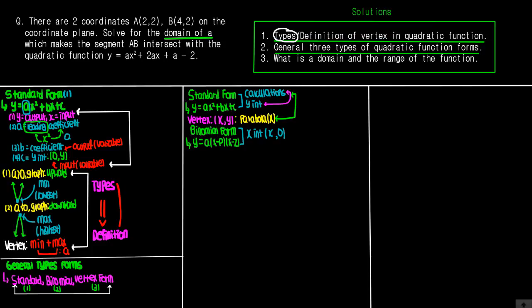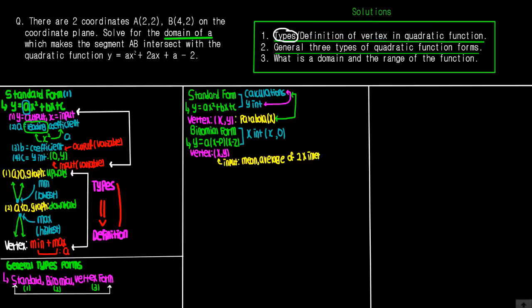And also, unlike the standard form, we don't have to convert this into some specific formula to solve for a vertex. The reason is that, according to the property of the binomial form, the x value of our vertex, which is the input of our function, is exactly the mean, or average, of the two x-intercepts.